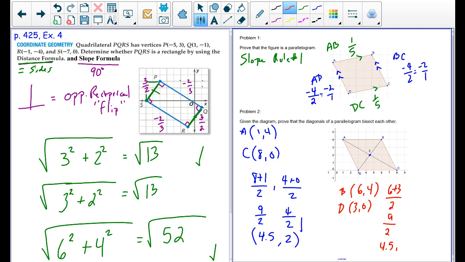Add my y's together, 4 plus 0, divide by 2. 4 plus 0 is 4. Half of 4 is 2. So 4.5, 2 is my second point. So that proves that these are bisected and AE and EC are the same. Okay.